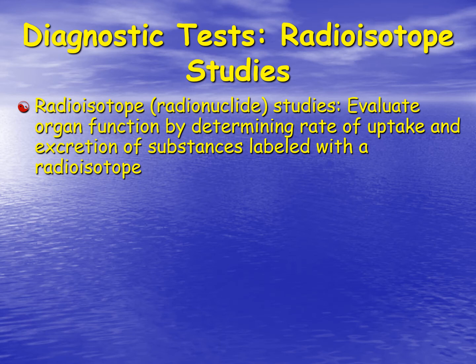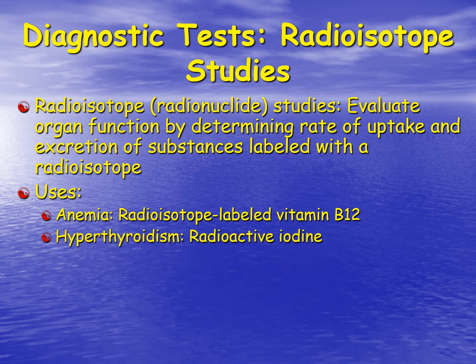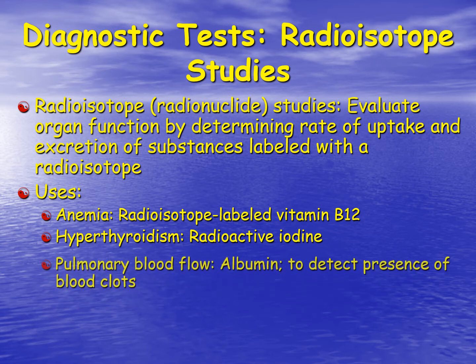Radioisotope or radionuclide studies actually can evaluate organ function as well by determining the rate of uptake and excretion of radio-labeled isotopes. Uses of this would include anemia, where we can use a radioisotope labeled vitamin B12 that's necessary for hemoglobin production. Hyperthyroidism, which is using radioactive iodine, which is one of the most common things that we use radioisotope studies for.